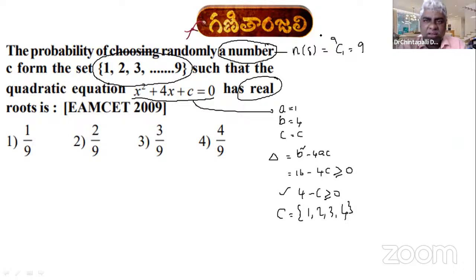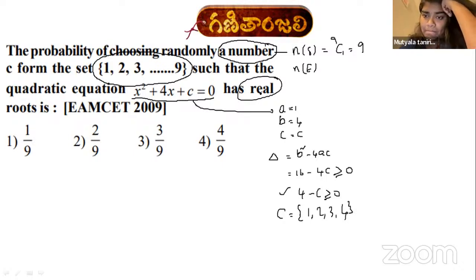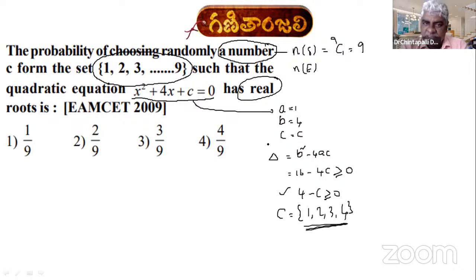Next, n of E means number of favorable outcomes. This quadratic equation must have real roots, so C must be either 1 or 2 or 3 or 4. n of E is equal to 4 only.